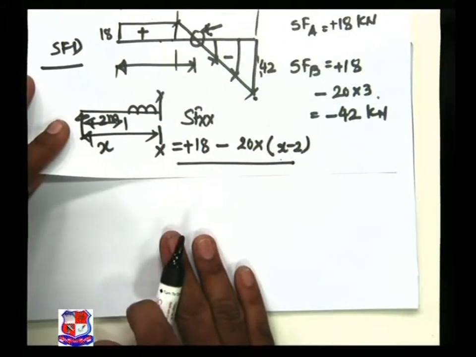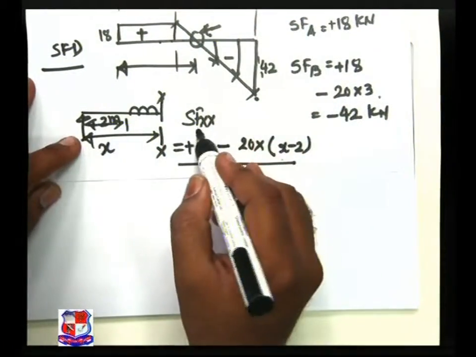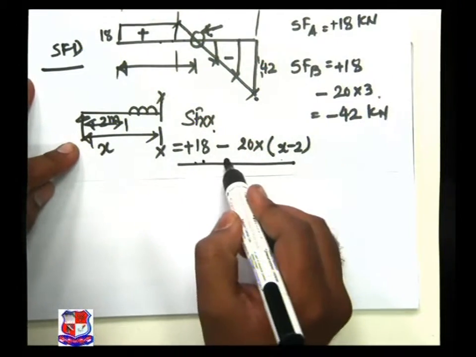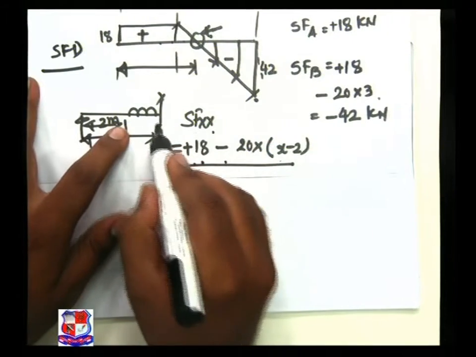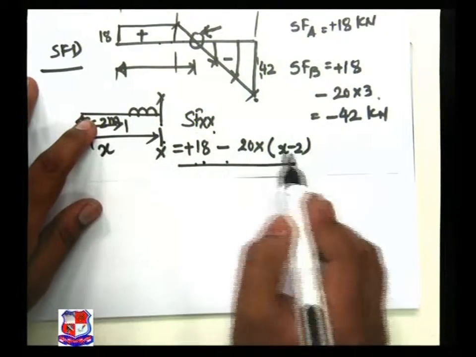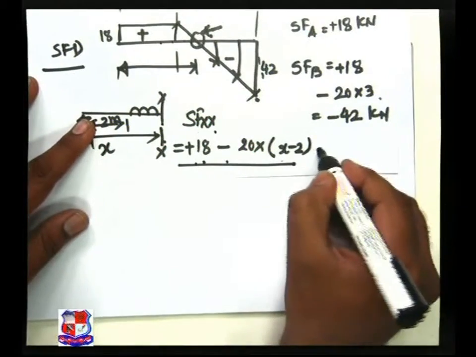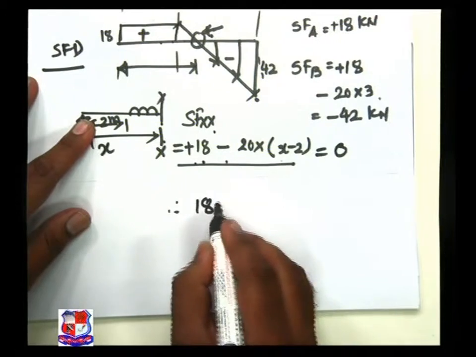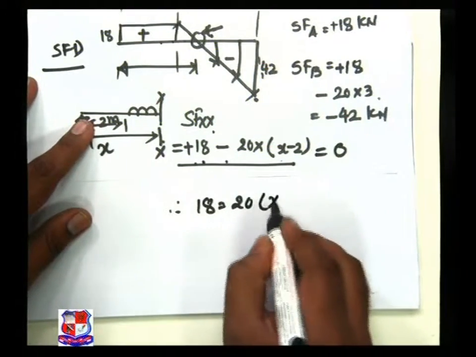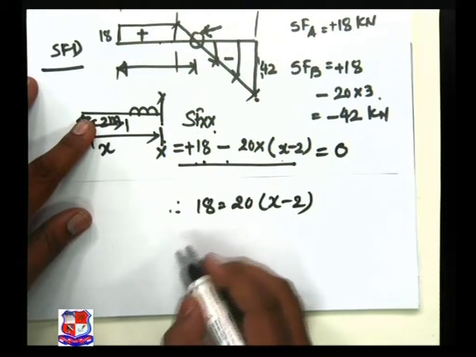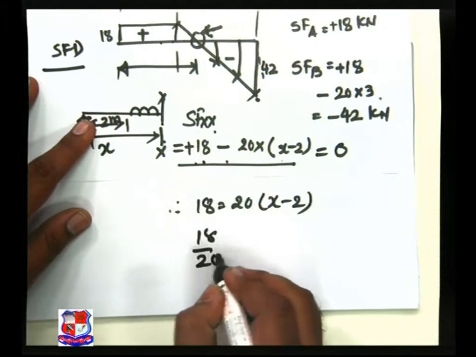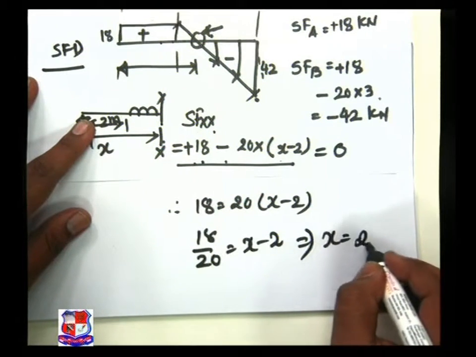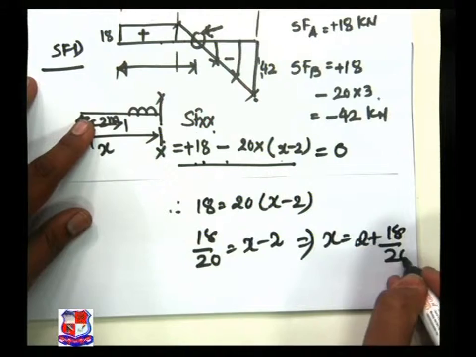So now, if we take a section over here, shear force at XX is equal to RA 18 minus 20 into this distance, that is x minus 2, and this is equated with 0. Therefore 18 is equal to 20 bracket x minus 2, and we get 18 by 20 is equal to x minus 2, and we found x is equal to 2 plus 18 by 20.